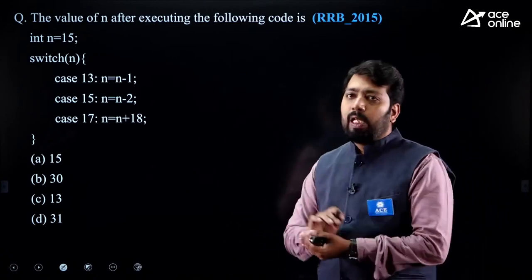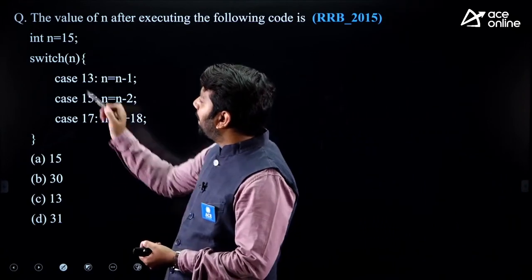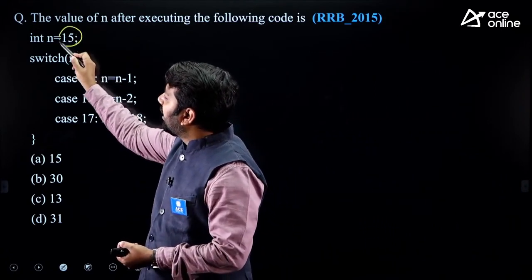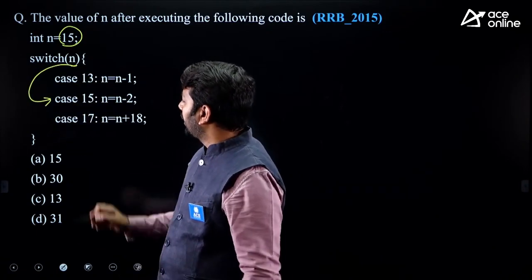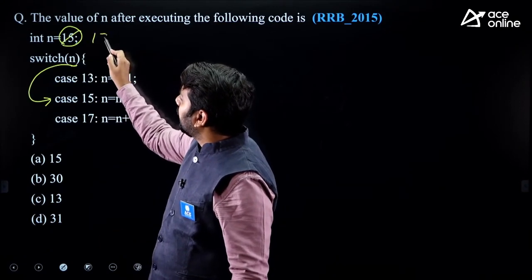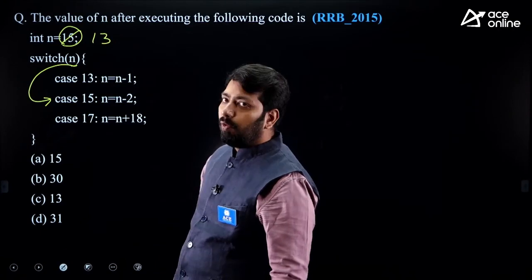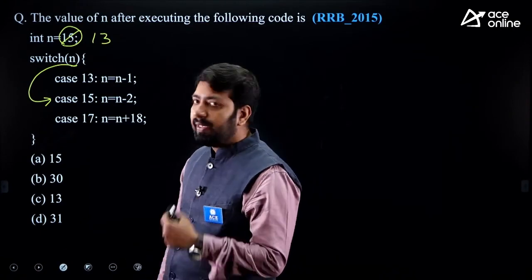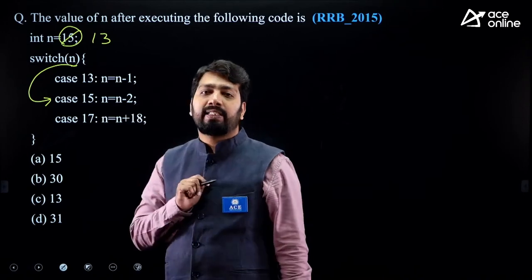So, look. In switch, first we jump into the matching case. Our n is 15, so we will directly jump to this case. n equals n minus 2, so n becomes 13. Now you might be thinking the answer should be 13. No. After this, there is no break statement.